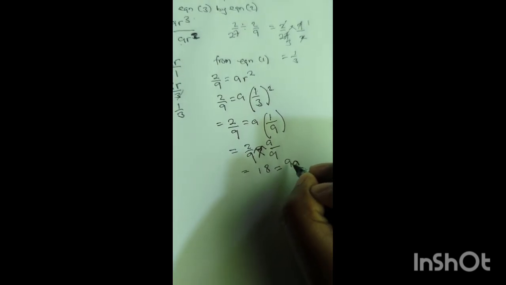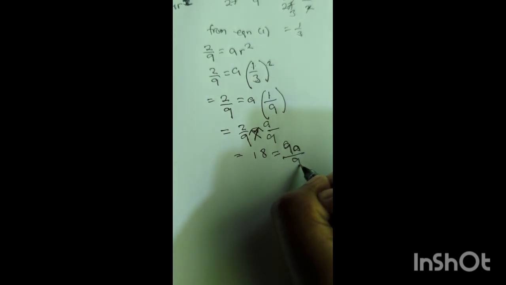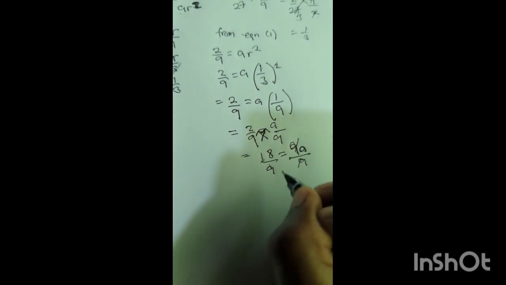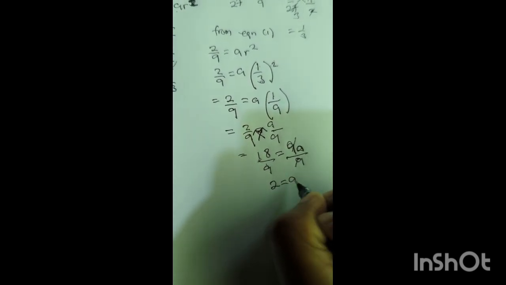You can't say a9. You start with a number and then the letter. To get the value of the variable, you always divide by the coefficient. The coefficient is simply a number written before a letter. So divide by 9 on both sides. This and this cancel, and 9 into 18 is 2. So 2 is equal to a, or a is equal to 2.